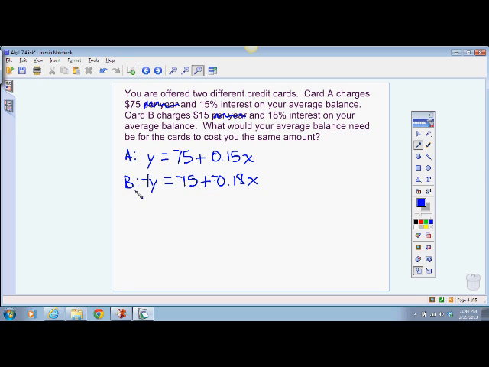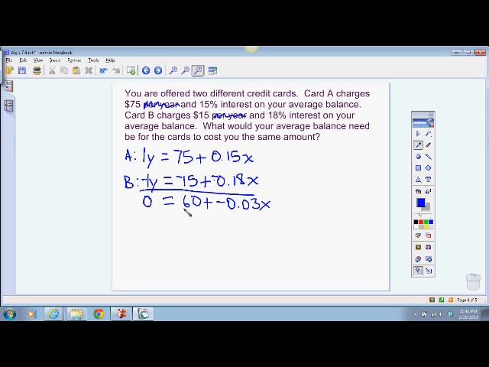Now, the reason I want to do that, just to show us a different method here, is when we combine them, so we add them using linear combinations, if you have 1y plus a -1y, that's 0. That's okay, leave it at 0. 75 plus -15 is going to be 60. And 0.15 plus a -0.18 is going to be -0.03.